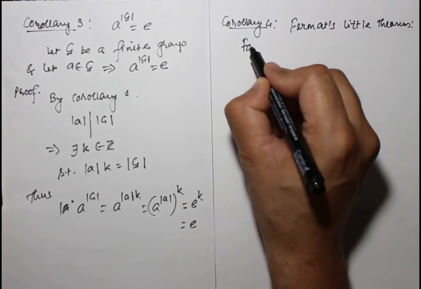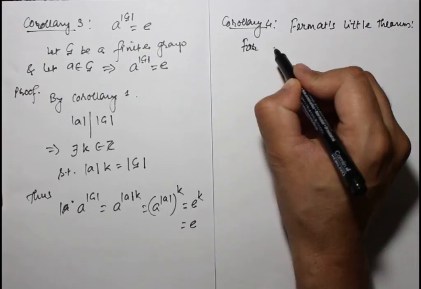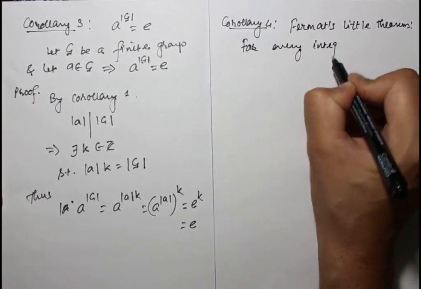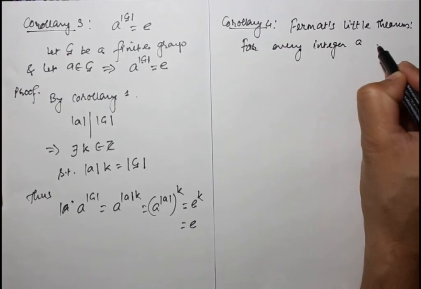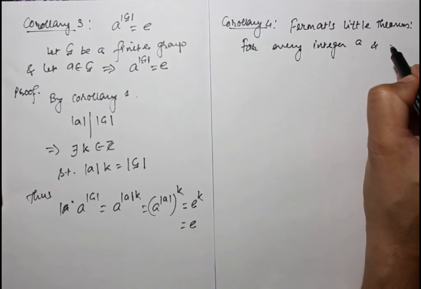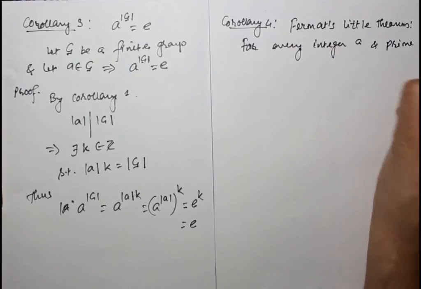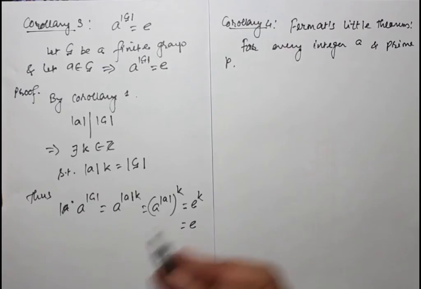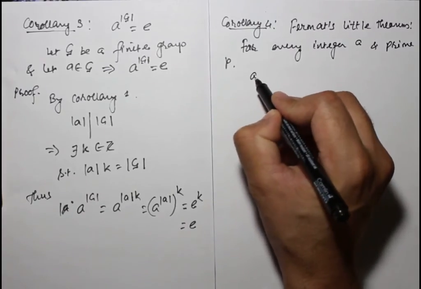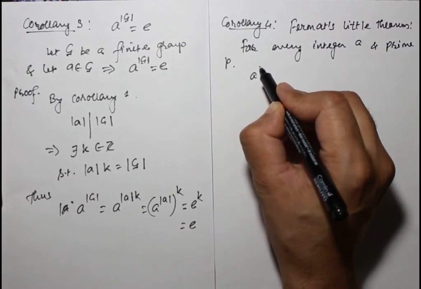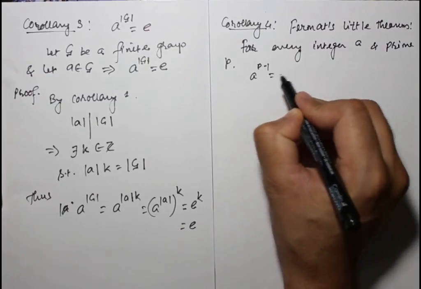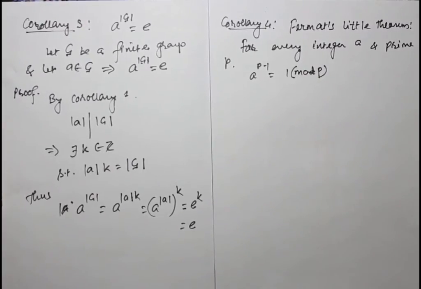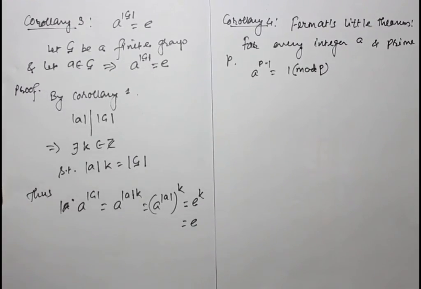This theorem says for every integer a and prime P, a raised to P minus 1 equals to 1 modulo P. This is the Fermat little theorem.